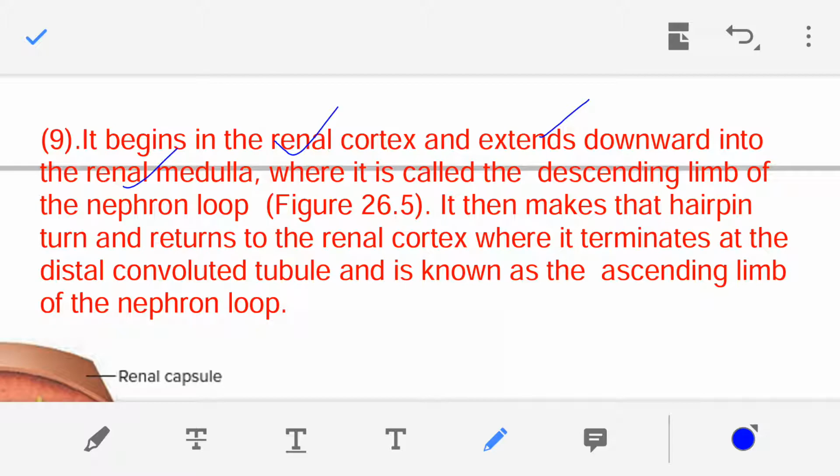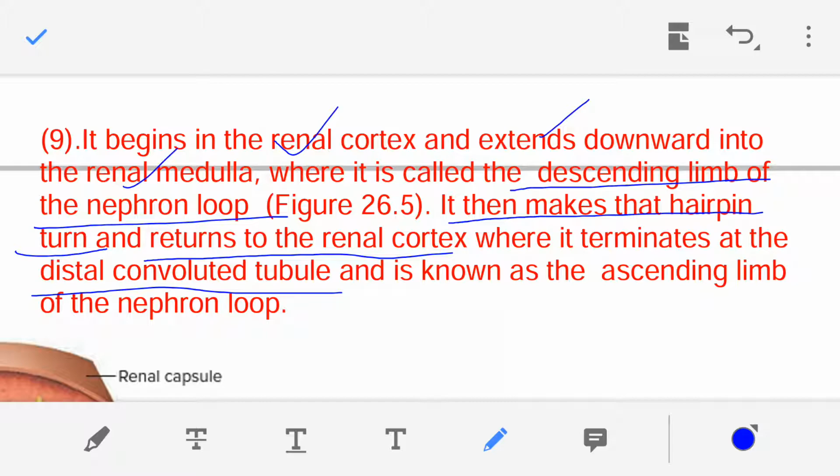In the medulla it is known as the descending limb of the nephron loop, and then it makes a hairpin-like turn, then returns to the renal cortex, and finally this nephron loop terminates when it joins with the distal convoluted tubule. This part is known as the ascending limb of the nephron loop.